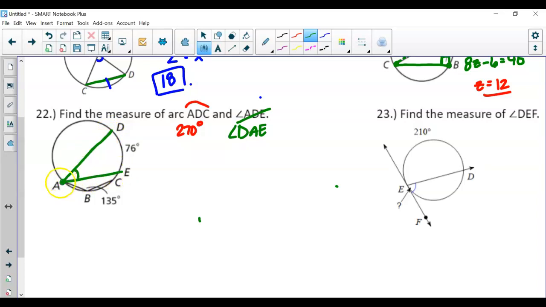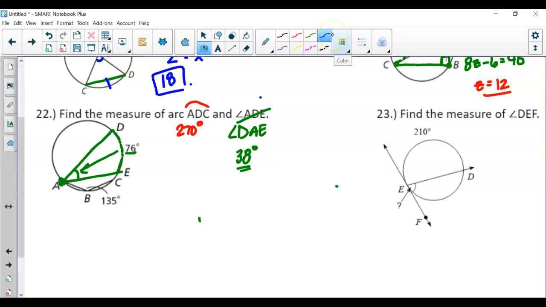This angle here, which is again inscribed on the circle. Notice how the endpoints, if you were to finish, create the 76 degrees. So again here, take that 76 and now half it. So half of that angle is 38 degrees. Or half of the arc, sorry about that, is 38 degrees.